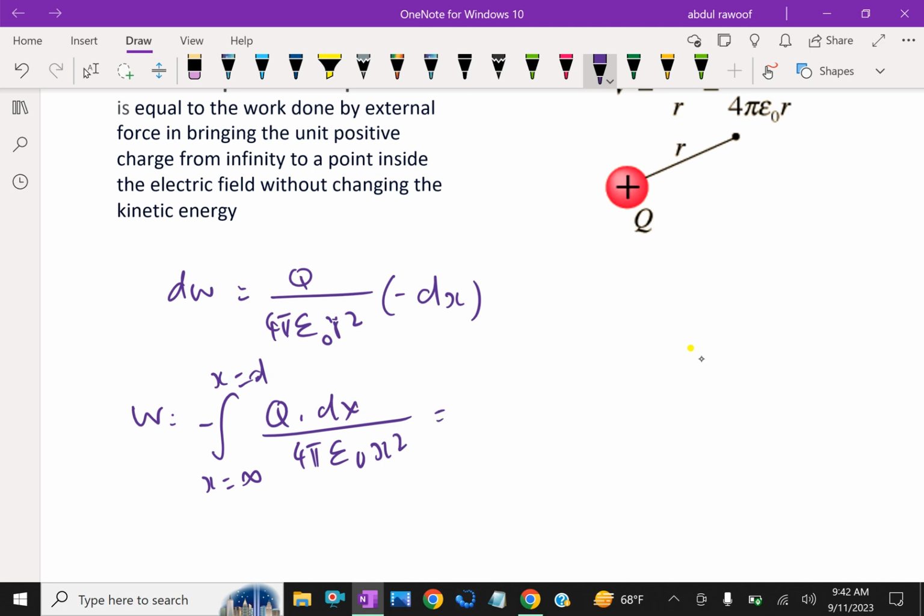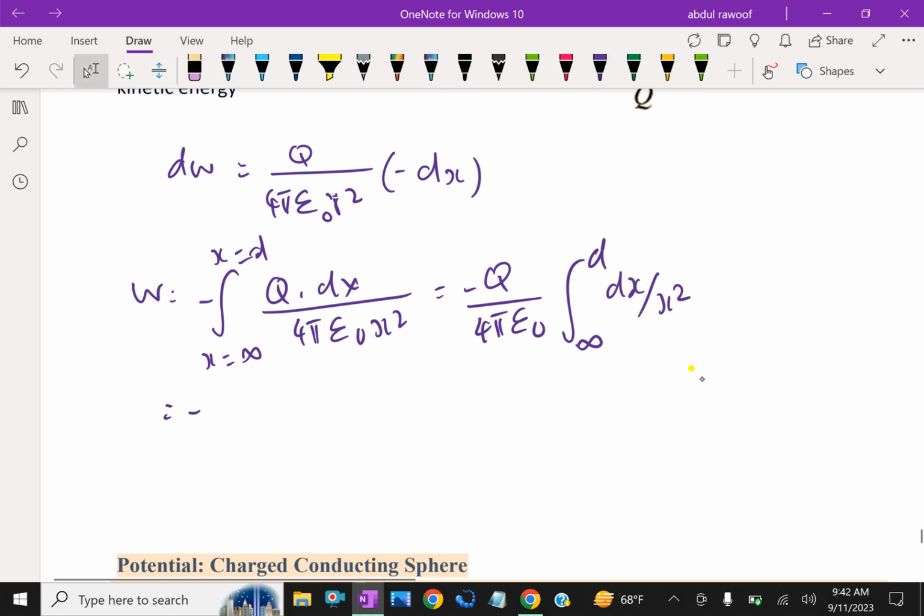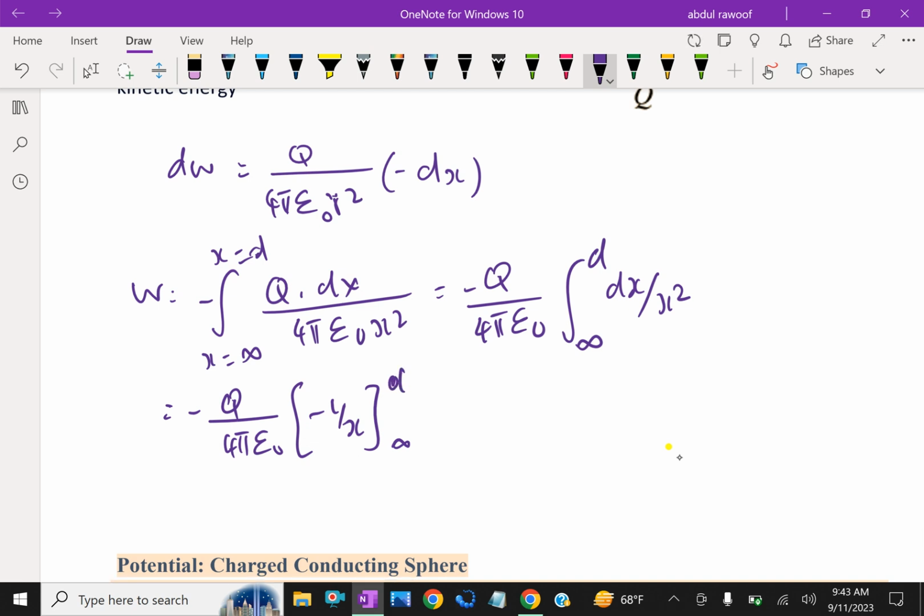Now integrating within the limits, we get minus Q over 4 pi epsilon 0, the constant taken out, infinity to point D of dx by x square, which is further minus Q over 4 pi epsilon 0 into minus 1 over x, because here the integration of 1 over x squared is minus 1 over x, infinity to point D, equal to minus Q over 4 pi epsilon 0.